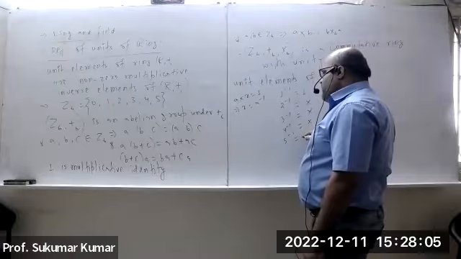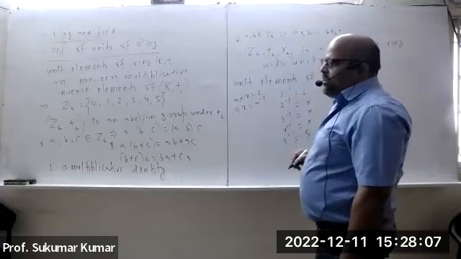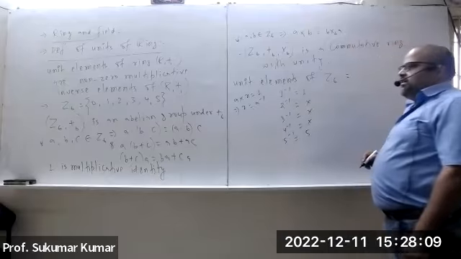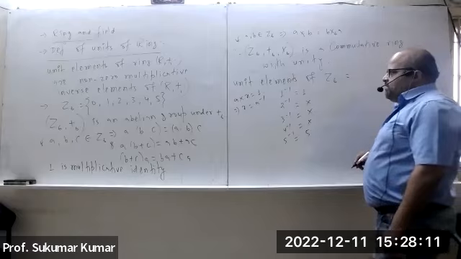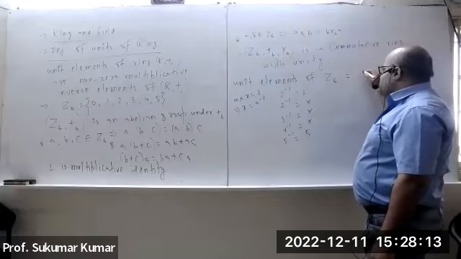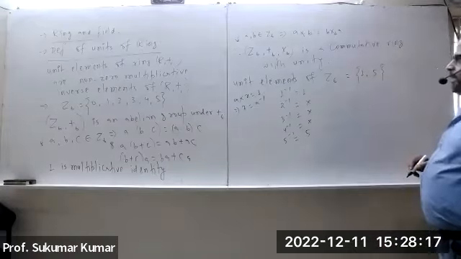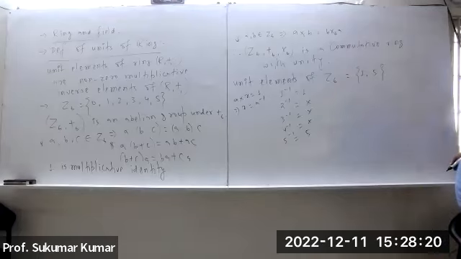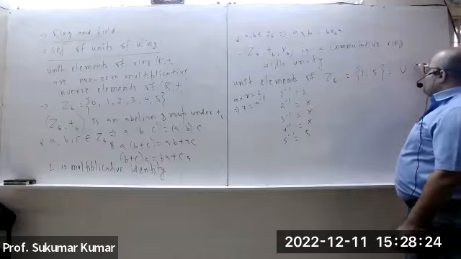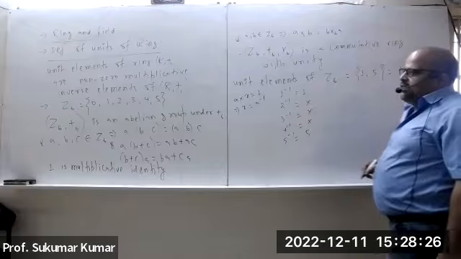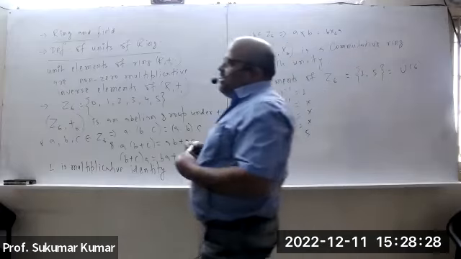The inverse of 5 exists, 5 itself. 5 into 5 is 25, modulo 6, 24, remainder will be 1. So the inverse of 5 is 5. So the unit elements of Z6 are 1 and 5. I think you remember the unit group, U(n) group. The elements of U(6) are also 1 and 5, only relatively prime elements.